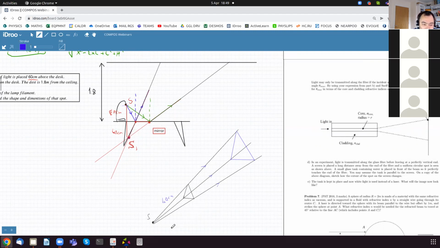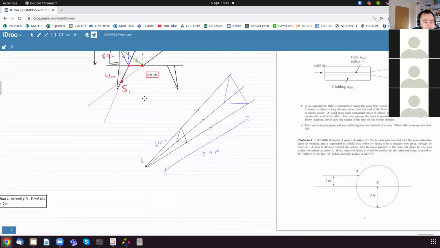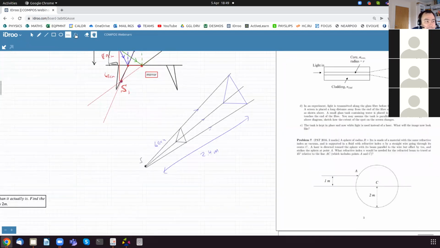So the whole length is 2.4 meters. So the scale factor of enlargement is 2.4 divided by 0.6, which is what, 4?